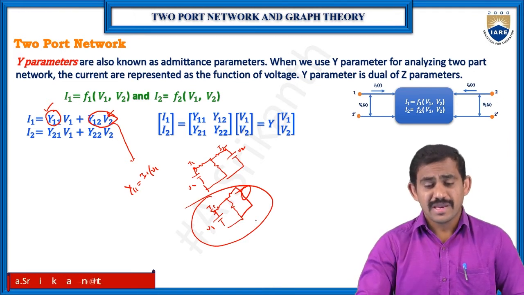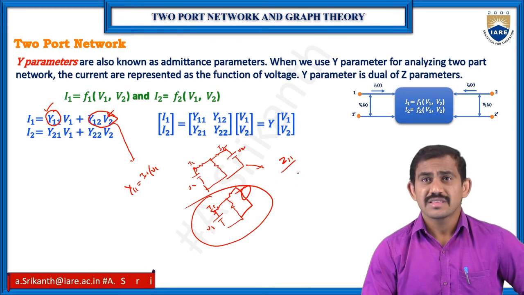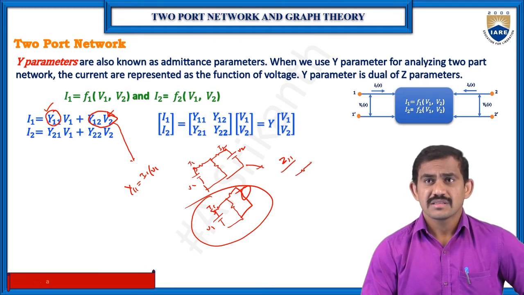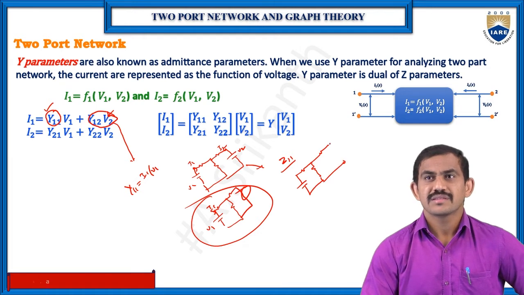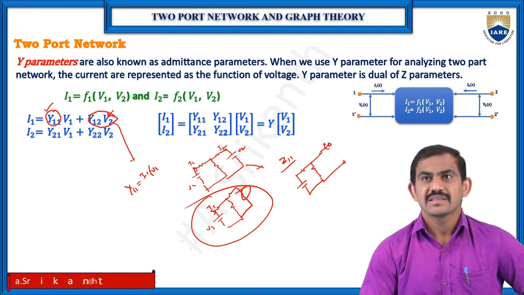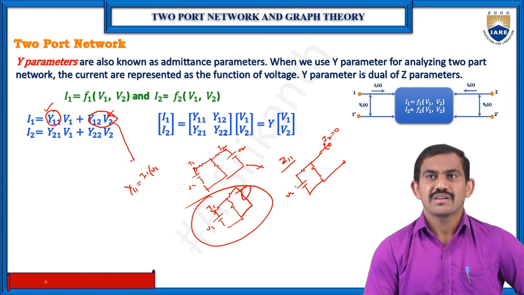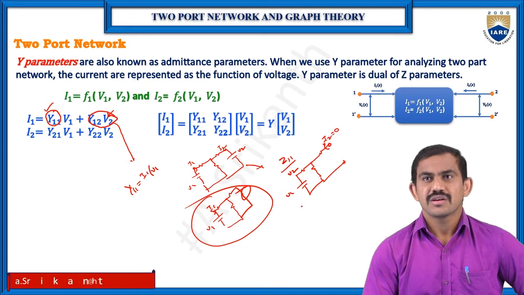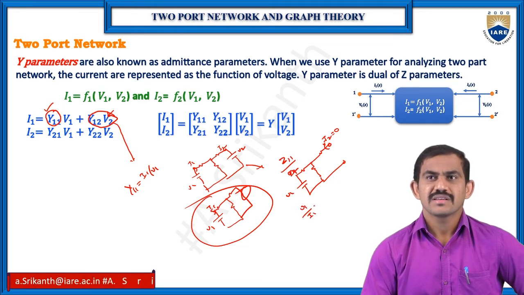If I want Z parameters, and the same circuit I want to find the Z11 value, then the primary side voltage is as it is and the secondary side is open. So current I2 is 0. We have the V1 value, and V1 by I1 is your Z11 value.